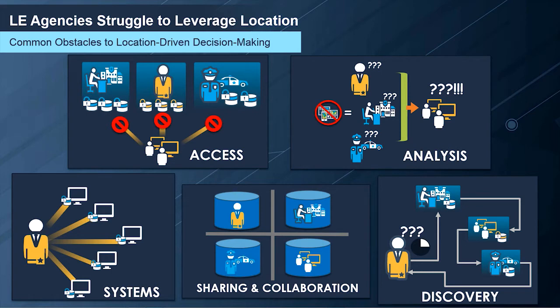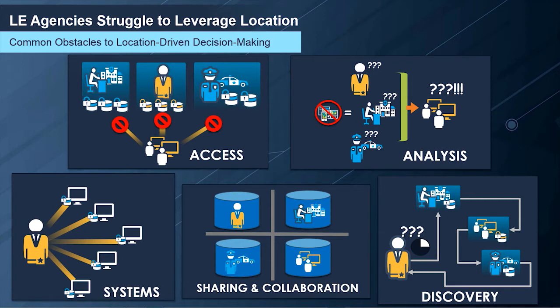Or officers who are in the field working a protest event, confused and at risk because they don't have insight into where the protesters are, where other resources are, and they don't have visibility into a rapidly changing operational plan. In those kinds of situations, personnel need to be able to share and collaborate on location information to not only avoid duplication of effort, but to facilitate officer safety.